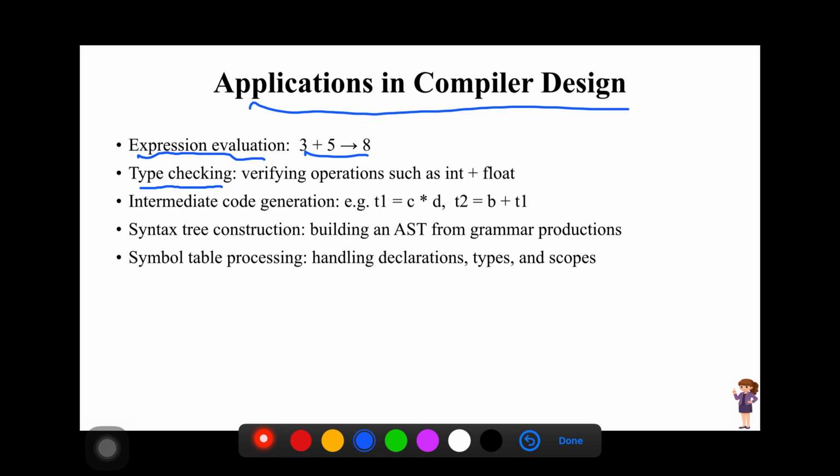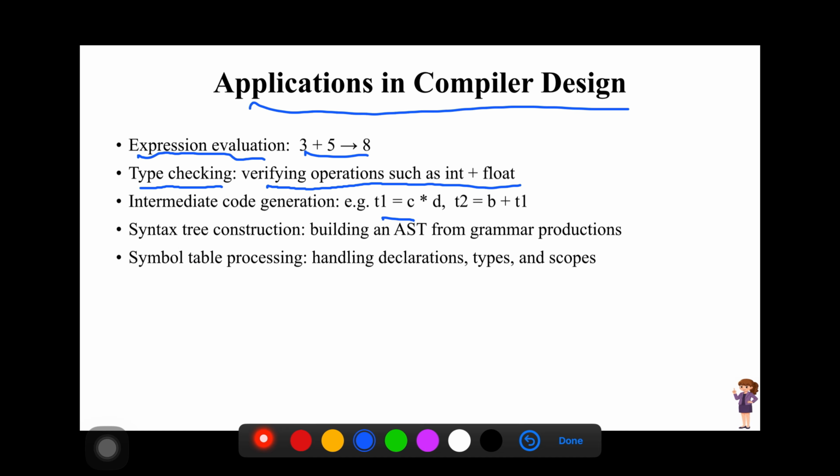The compiler can use the semantic information to determine whether the operations are valid, for example, whether two operands are compatible for a particular operation. Another important application is intermediate code generation, for example, T1 equals C into D, T2 equals B plus T1.